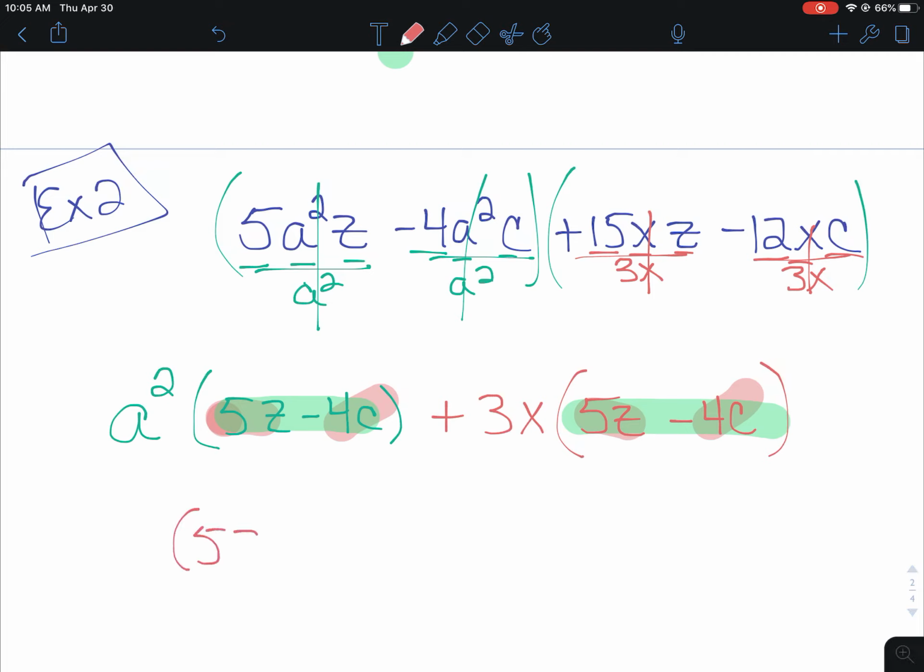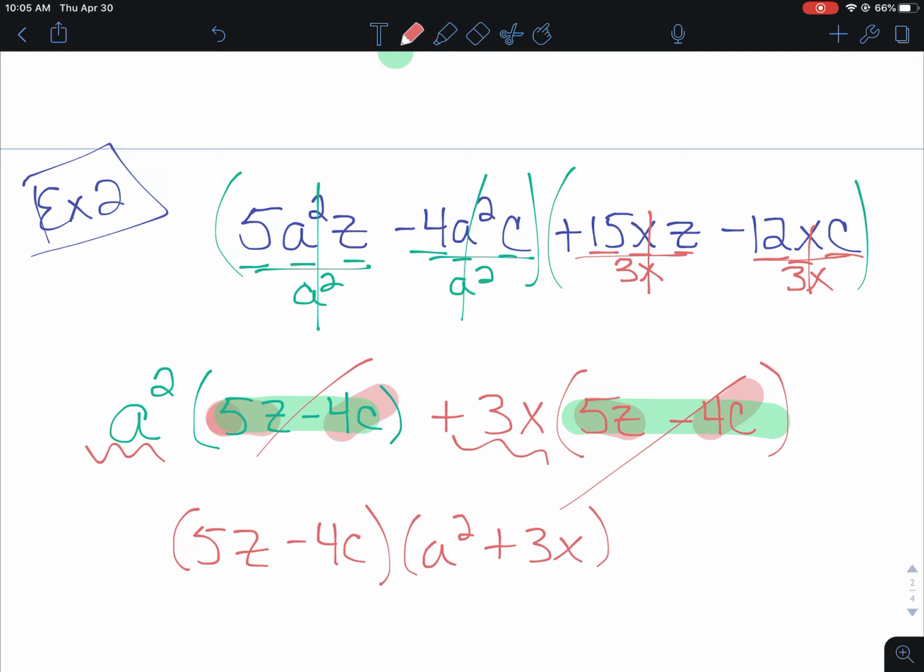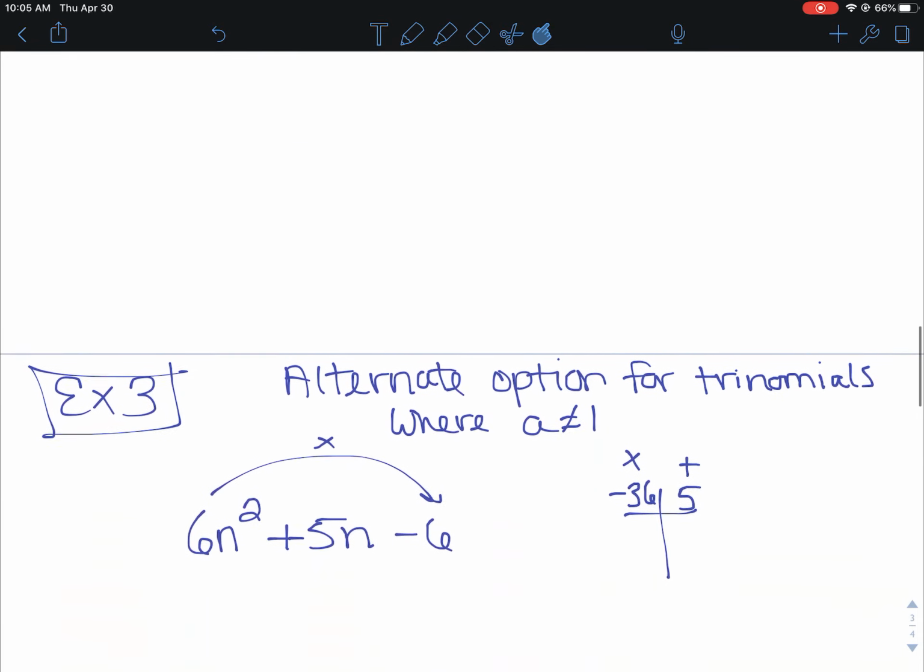That's what they both have in common. And because it's in parentheses, it's one group, so I can take it all out. And so I'm left with a squared plus 3x. Those two things don't have anything else in common, so that's all that my answer would be. Okay? Not too bad, right?